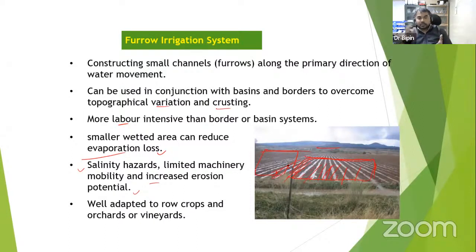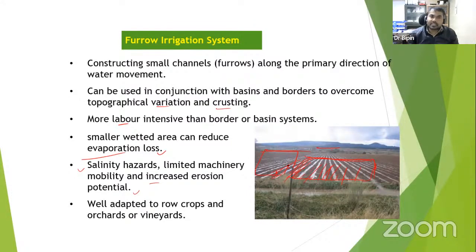When you plant your crops, suppose your area is affected with saline water, so you need to make a furrow and sow the seed on the side of the furrow. So what will happen? Through evaporation, the salt will be accumulated over the furrow, and the crop will escape from the salinity problem.